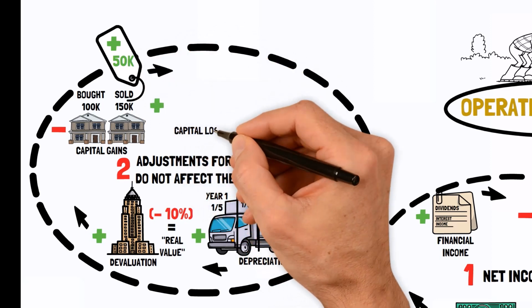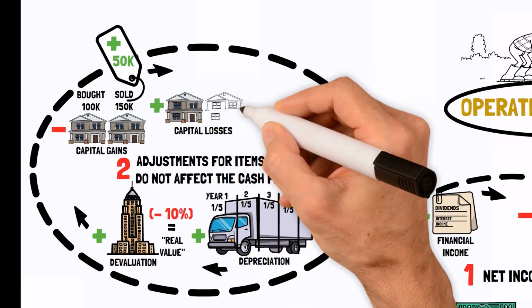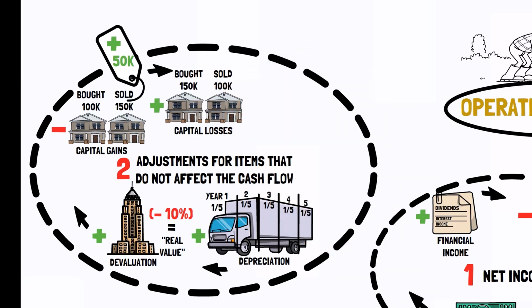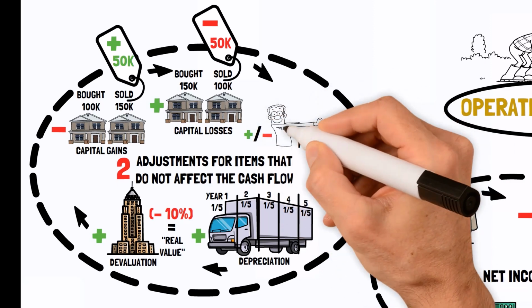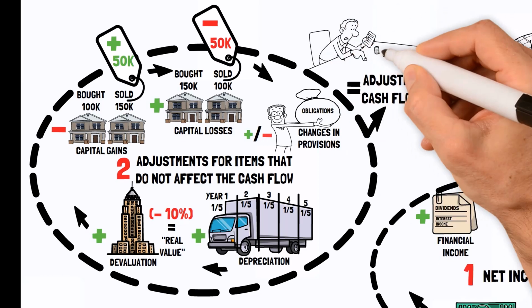Add capital losses. As opposed to capital gains, these arise instead when the house has been bought at a higher price than what it was sold for. Finally, changes in provisions must be adjusted for and will be the last part of the calculations needed to sum up the adjusted cash flow.